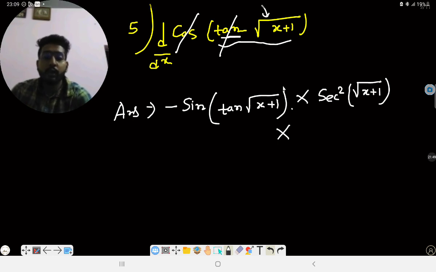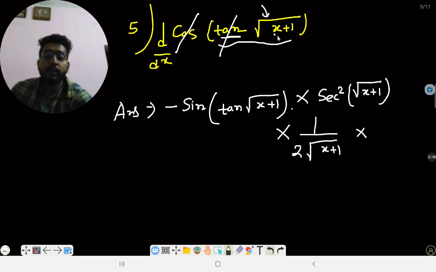So there is a root. So what will be the derivative of this one? The derivative of this one will be 1 by 2 root x plus 1. Done. Into, now next one, what is there? X plus 1. We have to find the derivative of x plus 1. So what is the derivative of x? That is 1, and derivative of 1 is here 0, like this.